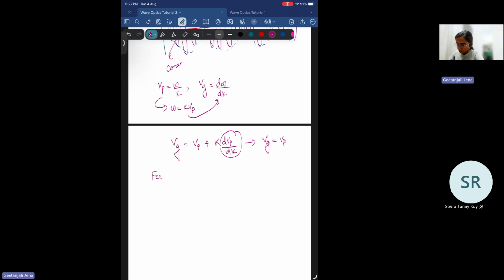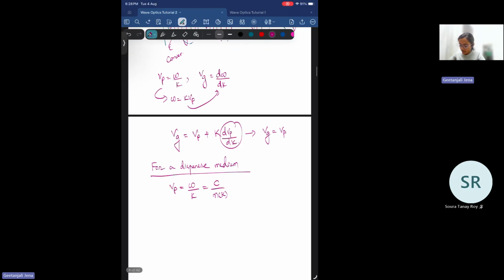So for a dispersive medium, we have the phase velocity, which is omega by k. This we can write as c by n of k, or n of omega or n of lambda, whatever you are comfortable with. So Vp is c by n(k).